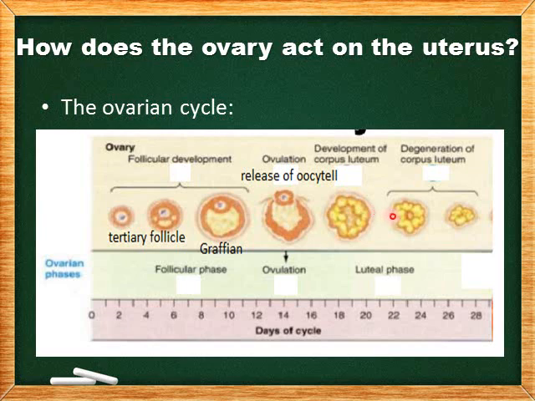Also, we have to mention something very important. If fertilization takes place, this corpus luteum has to keep its size. But if fertilization doesn't take place, the corpus luteum has to degenerate and become smaller in size, to become something known as the corpus albicans, and it degenerates and disappears at the end of the cycle.